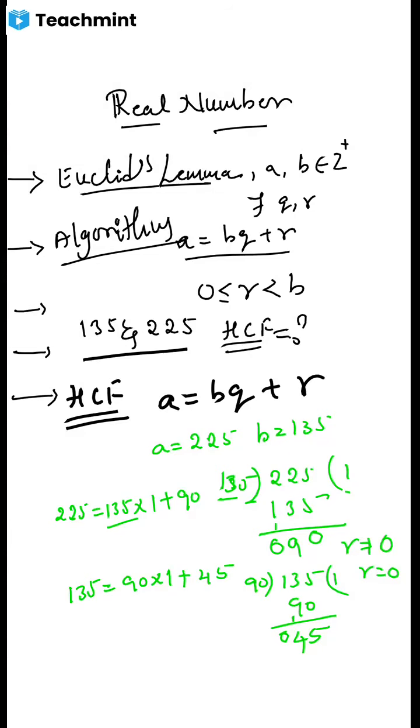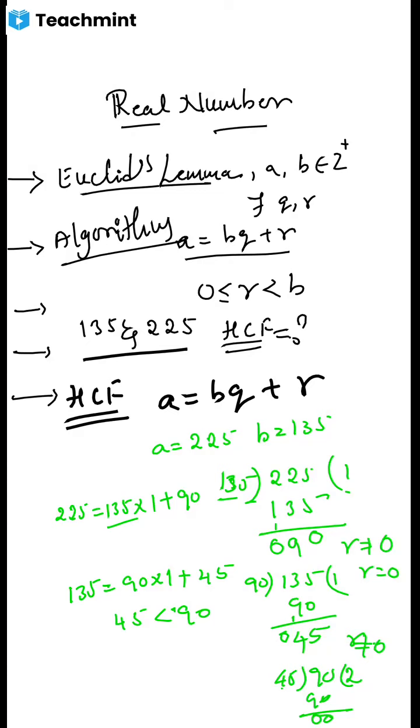Here r is not equal to 0, and 45 is less than 90, so we continue. Now 45 divides 90. How much are you getting? 45 × 2 = 90, so the remainder is 0.